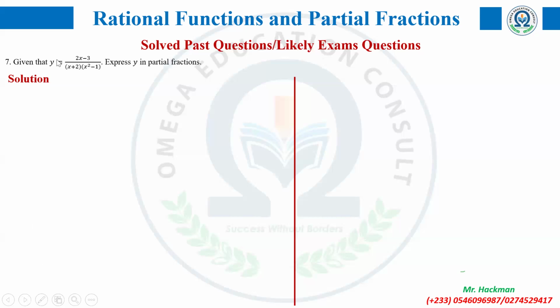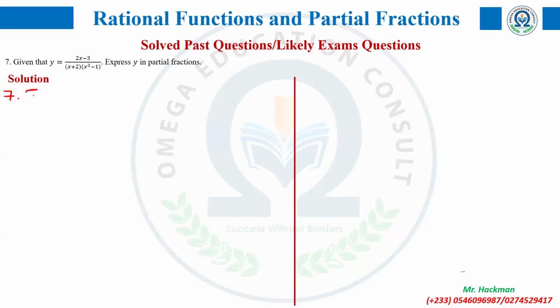So the next one, this is it. Only that this time around, let's get the identity. Given that y is equal to this, this is a little different from the other one, which is the more reason why I'm writing it.